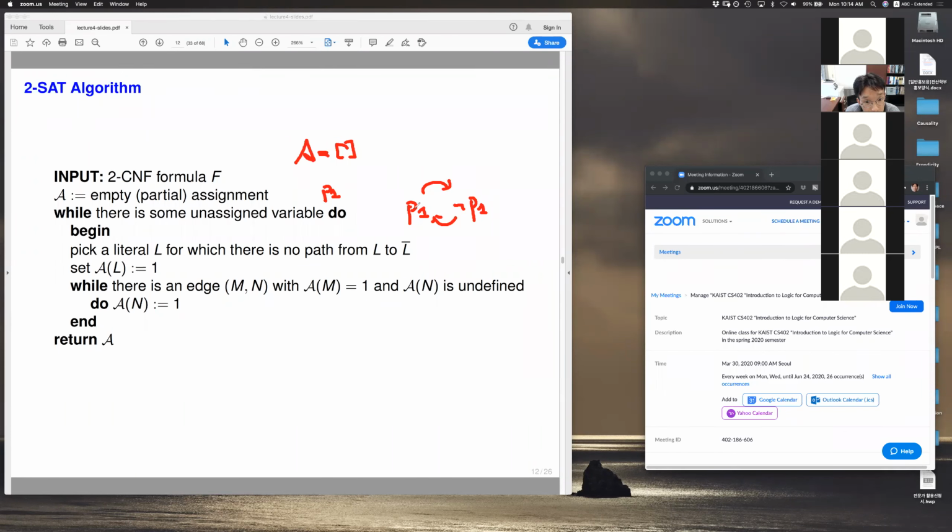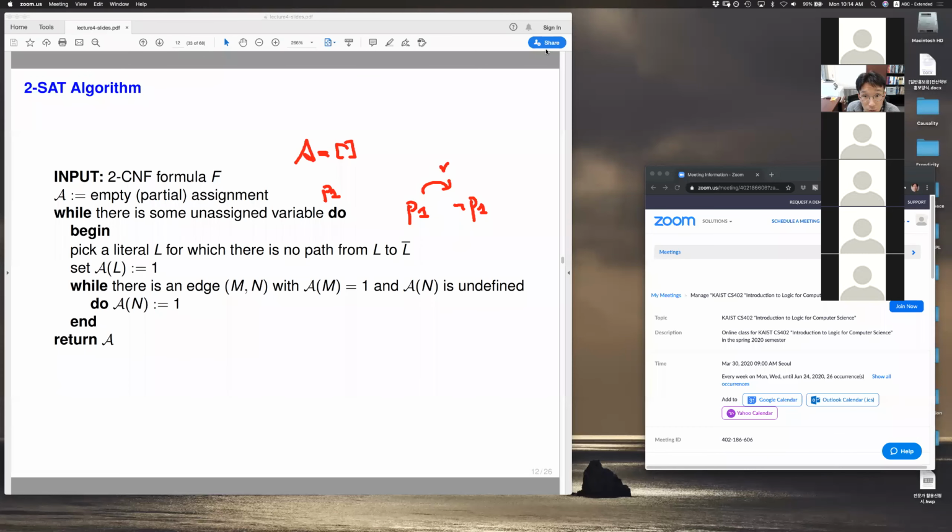If we have a path from P1 to negation of P1 and negation of P1 to P1, then this implication graph cannot be consistent. So consistency says either the one on the top or the one below, or both of them, doesn't really exist in my implication graph. So pick the literal L such that the path doesn't exist. Assume that in this case, what doesn't exist is the one below.